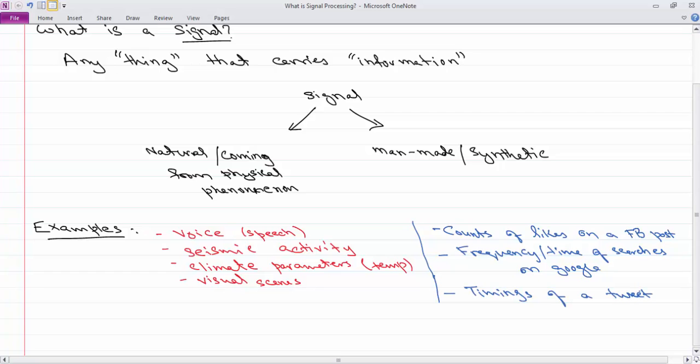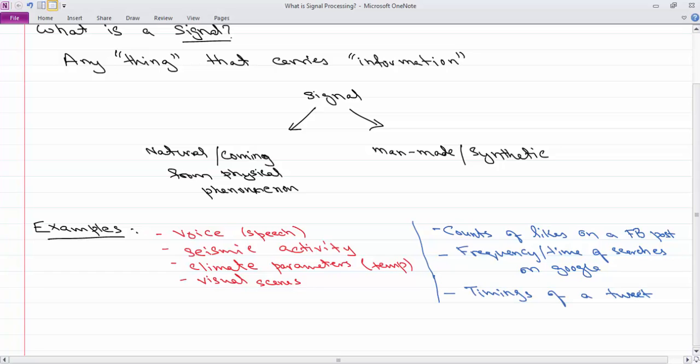So most of the examples that you guys had described are perfectly valid man-made signals. Things that came up were, for example, Morse code or radio waves. But you also can have signals which are purely digital to begin with.